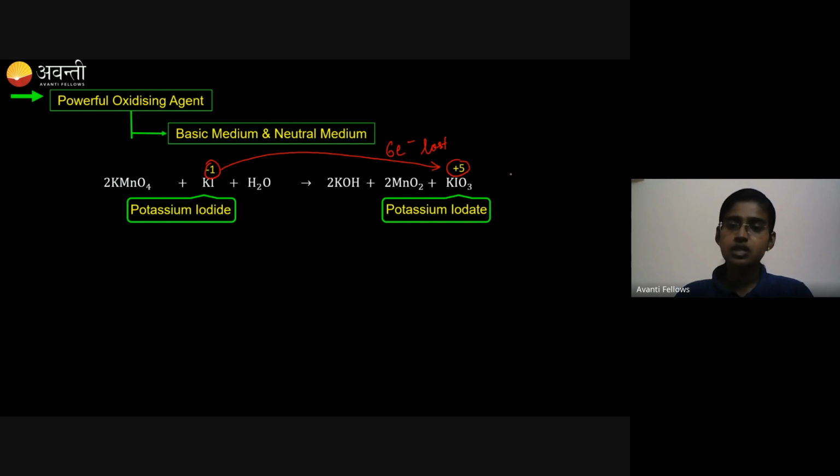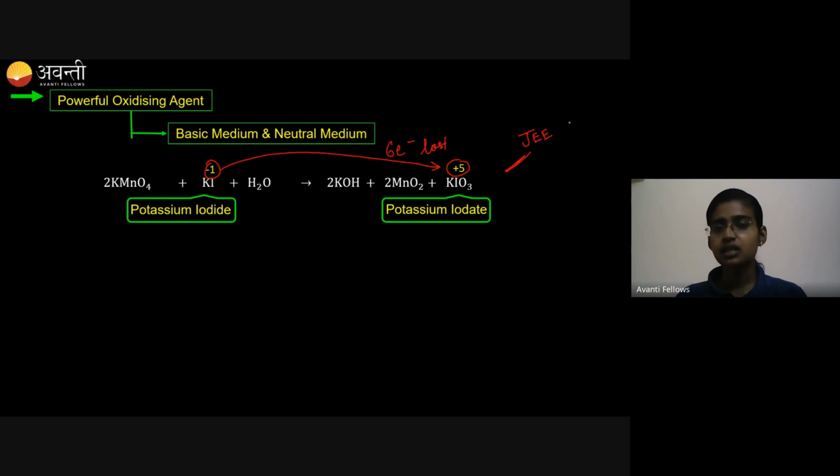This was the question asked in last year's JEE NEET exam. In alkaline or fairly basic medium, KMnO4 oxidizes iodide to what? The answer is iodate. You have to be very careful.